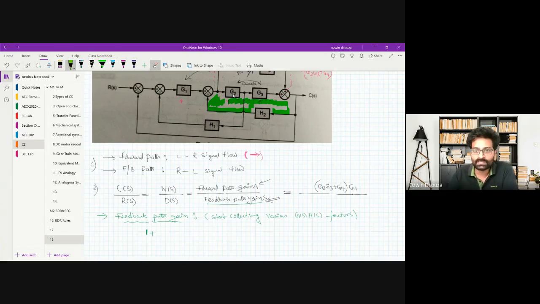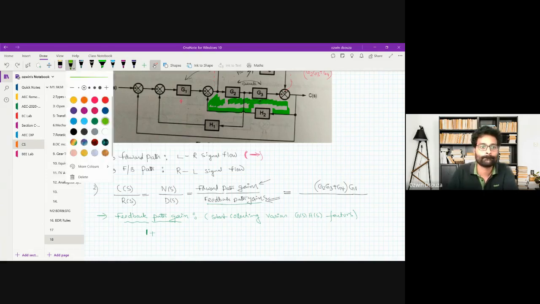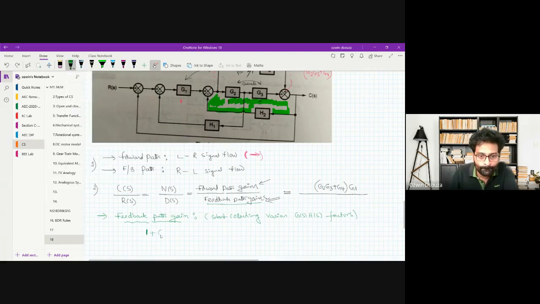Here G is G2, G3 and H is H2. So I can directly write 1 plus G2 into G3 into H2, plus we will identify the other factors as well.